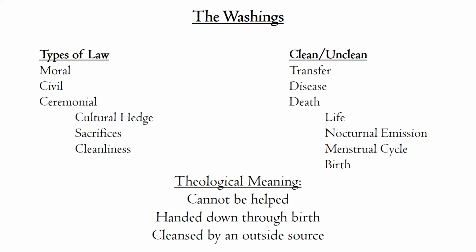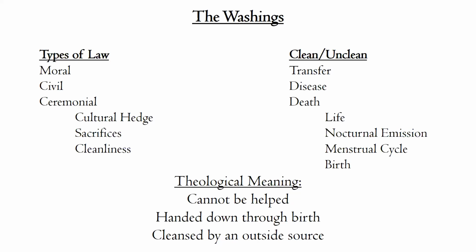Then the cleanliness. There were distinctions about cleanliness, and they taught theological lessons. So let's move over to the right. The first idea you need to understand about clean and unclean distinctions is that there's this idea of transfer. That if you came into contact with something that was ceremonially unclean, it was as if the uncleanness got transferred to you.